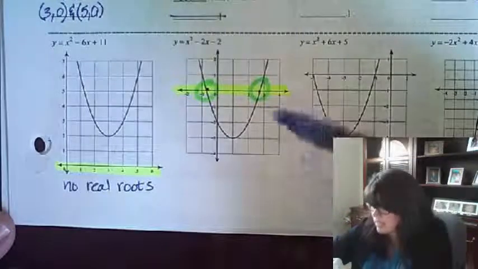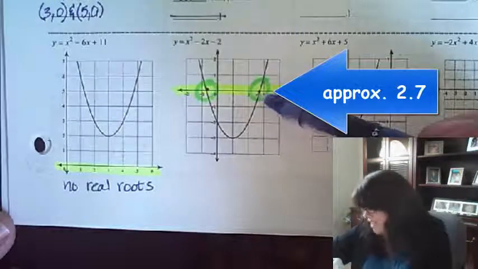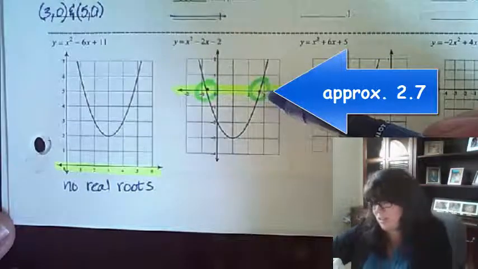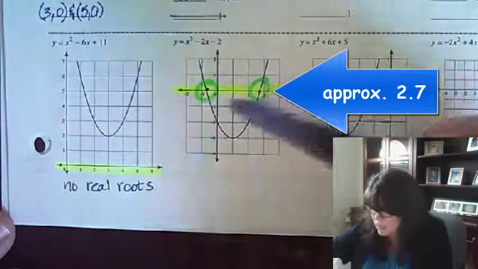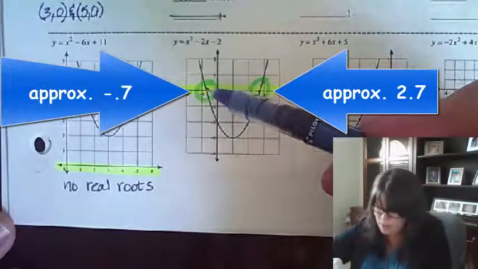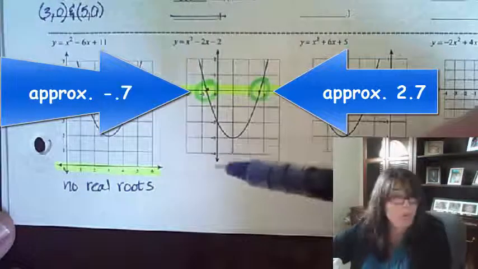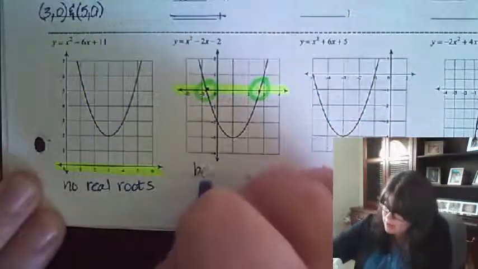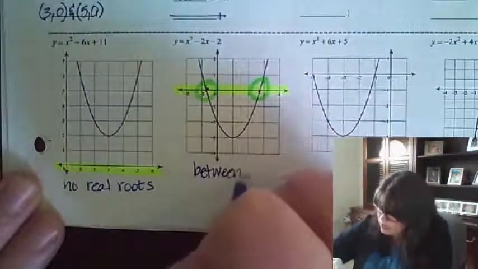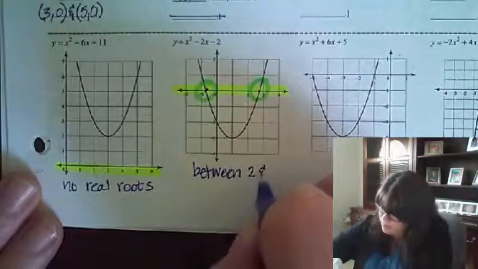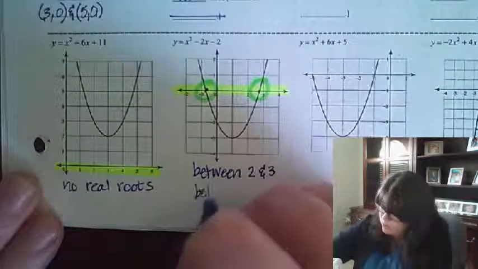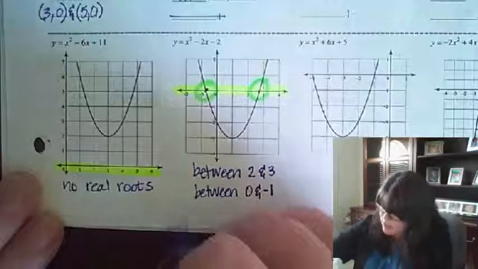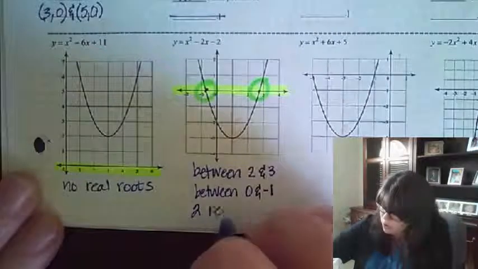We could say that this is maybe 2.7, because it's definitely bigger than 2.5. So we could say it's 2.7. And we could say that this one is maybe -0.7. That would work. Or you could also just write between 2 and 3 and between 0 and -1. So this has 2 real roots.